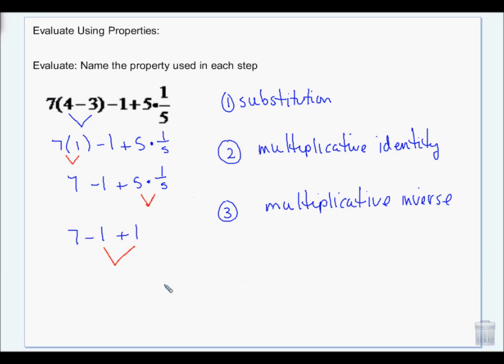So if I do that first, I'm actually using the additive inverse. Now I don't have to do that. I could do 7 minus 1, which is 6, and that would be substitution again, if you had done it that way. But then 7 plus 0 is just 7, and that's the additive identity.